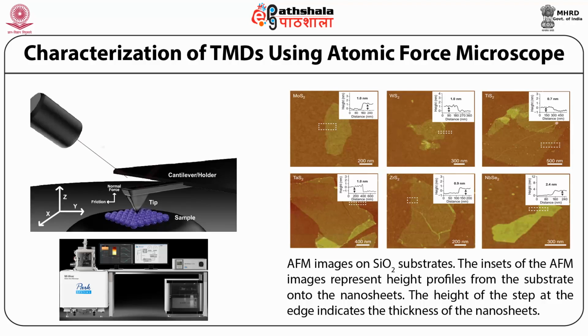To control these differences and obtain the most accurate height profile of a single layer, one must first optimize the tip-surface distance to exclude any hysteretic artifacts. AFM images and line profiles of different TMDs on silicon dioxide silicon substrate are shown in the figure. Height differences for various TMDs are different due to the atomic size and bond length present in the material.